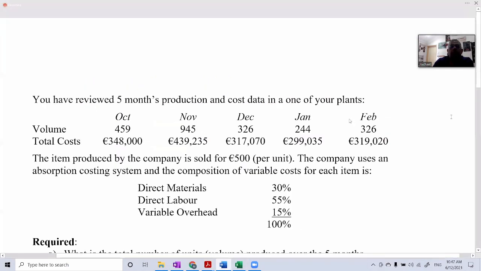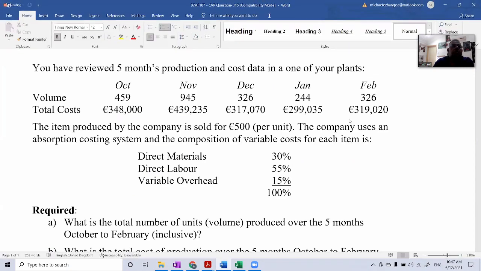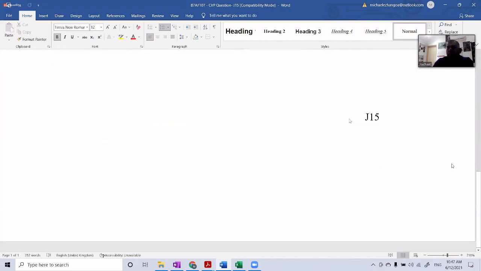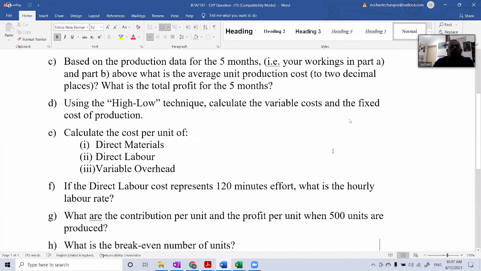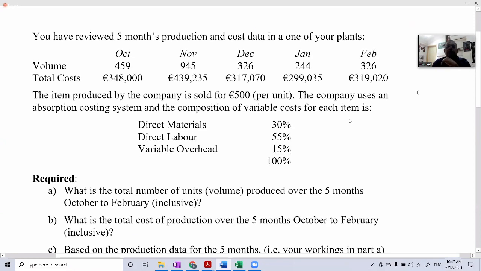I want you to look at this question. According to the examiner, it is June 15. It's an actual past year question, so let's take a look at it now. It says you have reviewed 5 months of production and cost data in one of your plants.